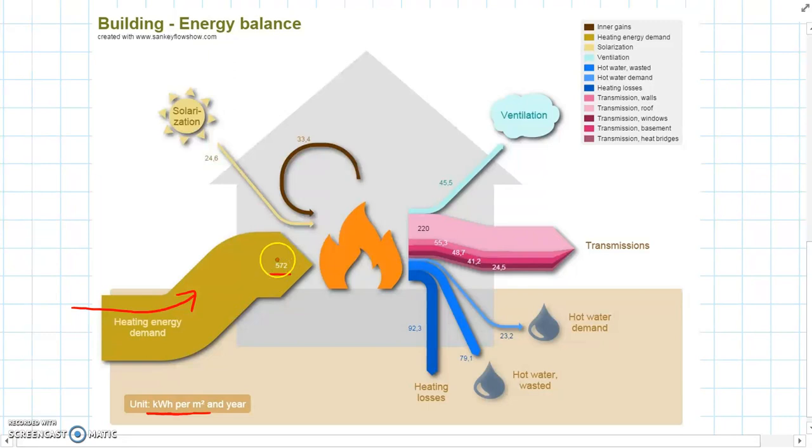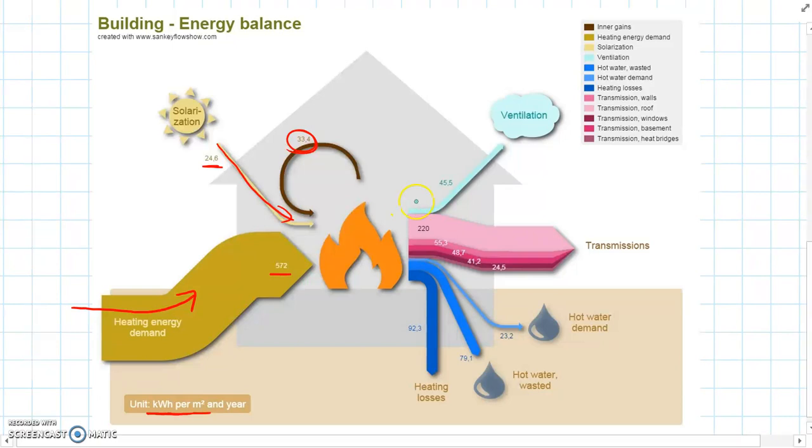We have about 570 units of heat going in. And then from the sun just beating down on the house, we also have 24 units going in. And heat from any fires that are burning. Maybe you have an open fire, or from a heater inside, or just the heat from people that live inside the house. That's another 33 units of heat.